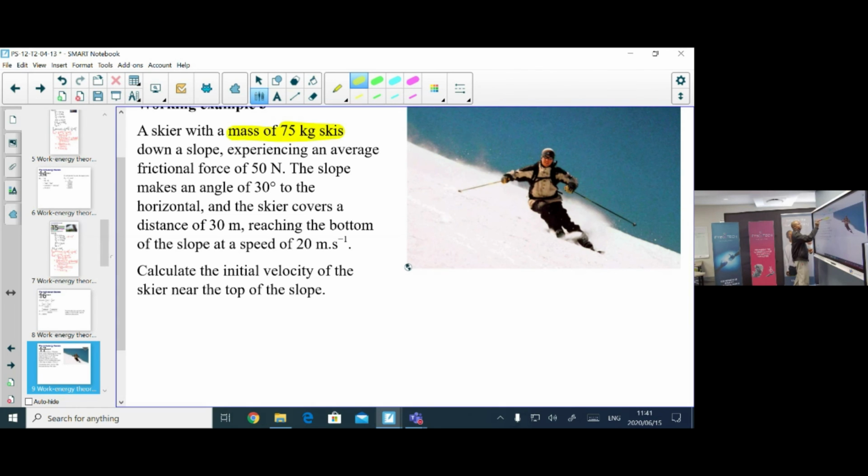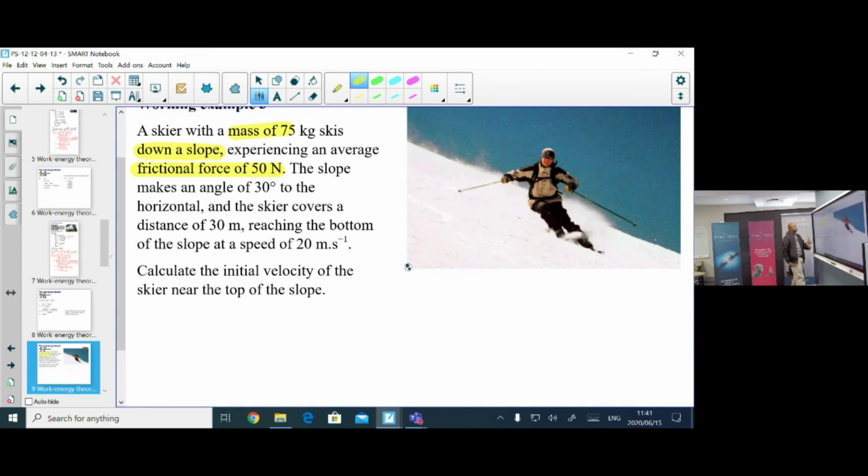Okay, we have the mass. That is a square with a mass of 75 kilogram, skiing down. In other words, we have a slope. That is the inclined. If you can look at the picture there, it's going down a slope, experiencing an average frictional force. This is always opposing the motion of an object.